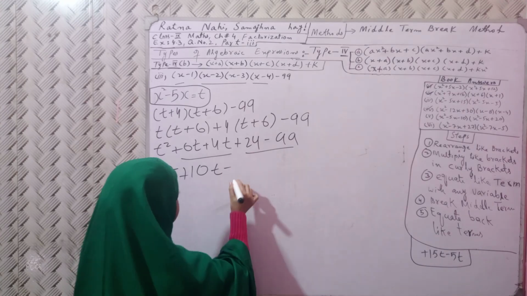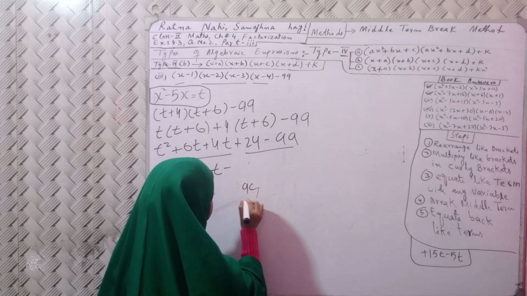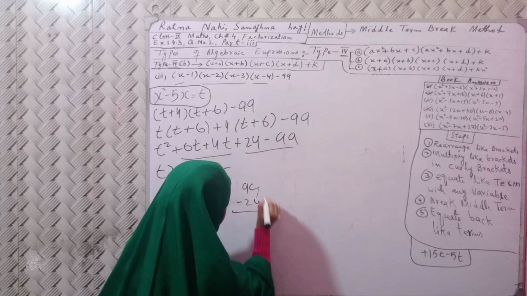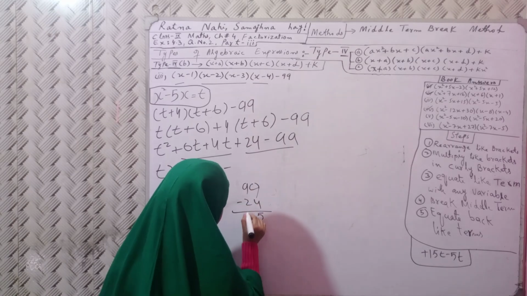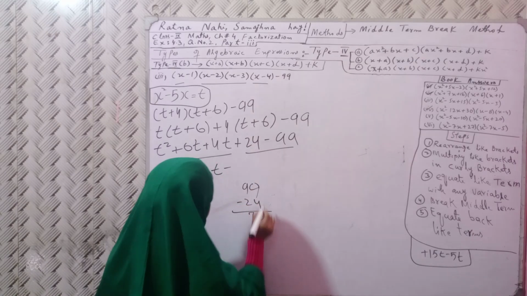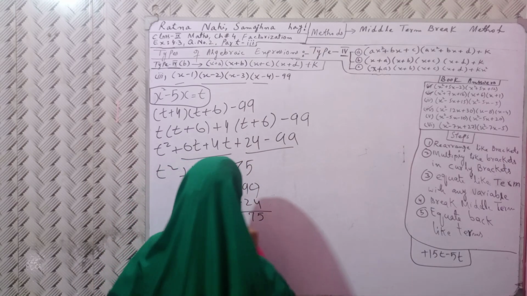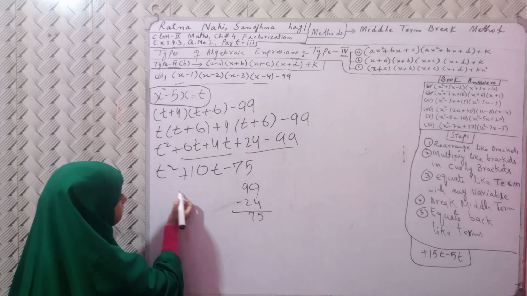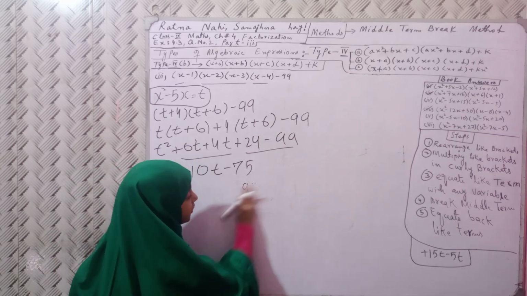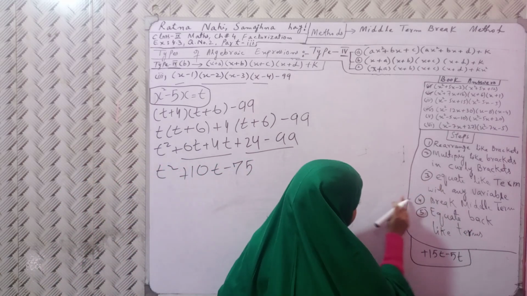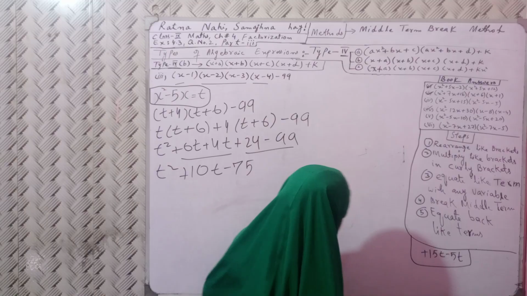24 minus 99 is -75. So here we need to break the middle term.